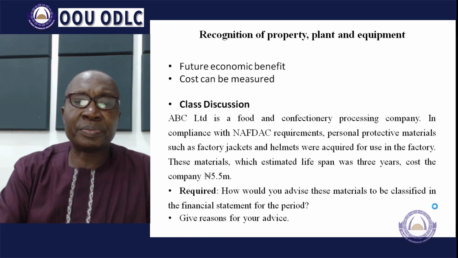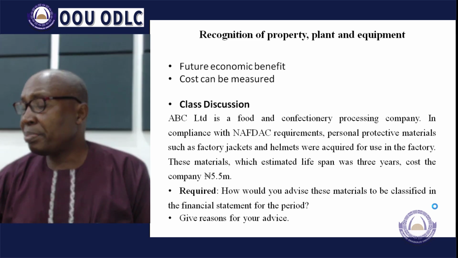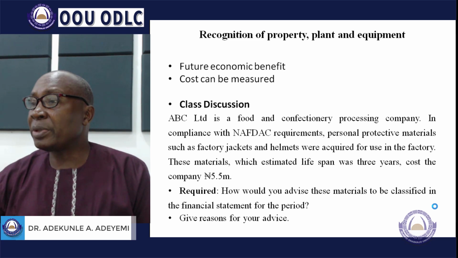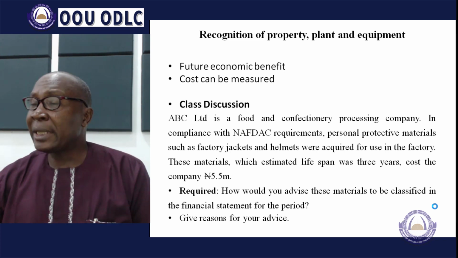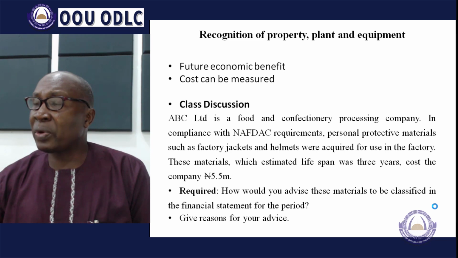Initial measurement of property, plant and equipment. When we speak about initial measurement, we are speaking about the first recognition of the item in the financial statement. An item of PPE should initially be recorded at cost. The cost of an item of property, plant and equipment consists of the following.